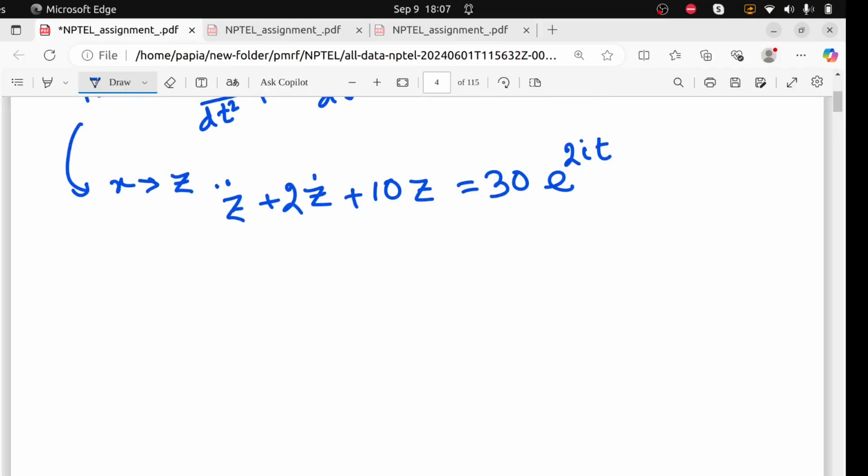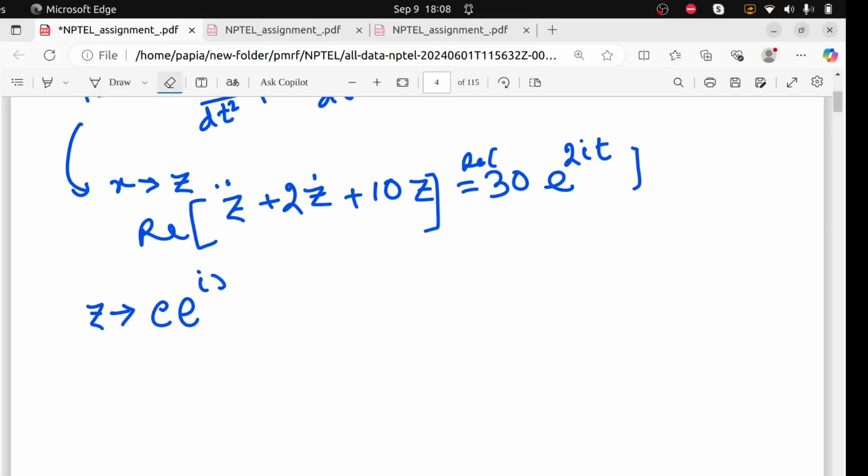So I can write the real part of this. Now for this case I will write a trial solution of z as C e to the power 2it. Why e to the power 2it?